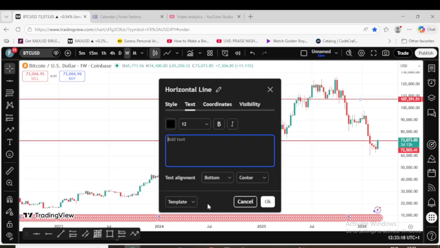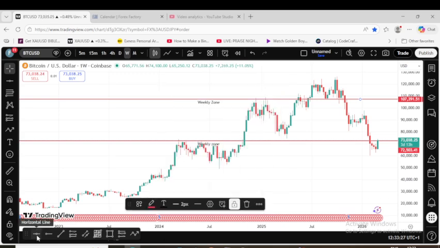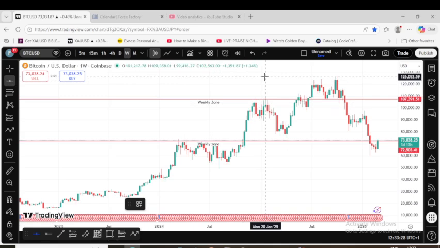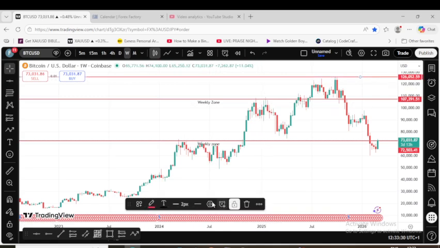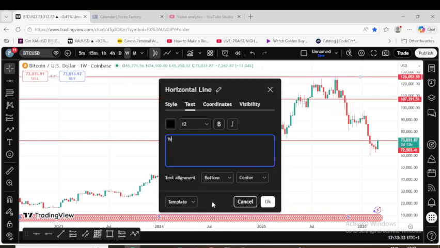Resistance became support. Here we have another zone, but this one is our all-time high. So we say weekly zone / all-time high.